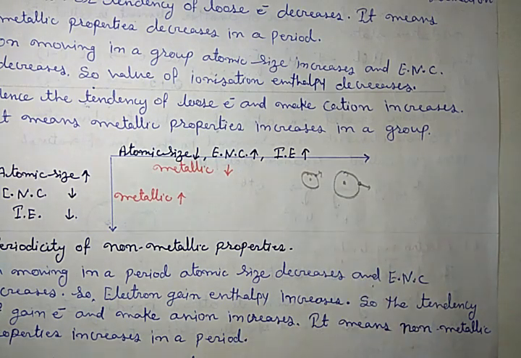Definitely it will be from the larger atom, because the larger atom has less attraction force, because as we discussed earlier, when the size increases, the effective nuclear charge decreases.